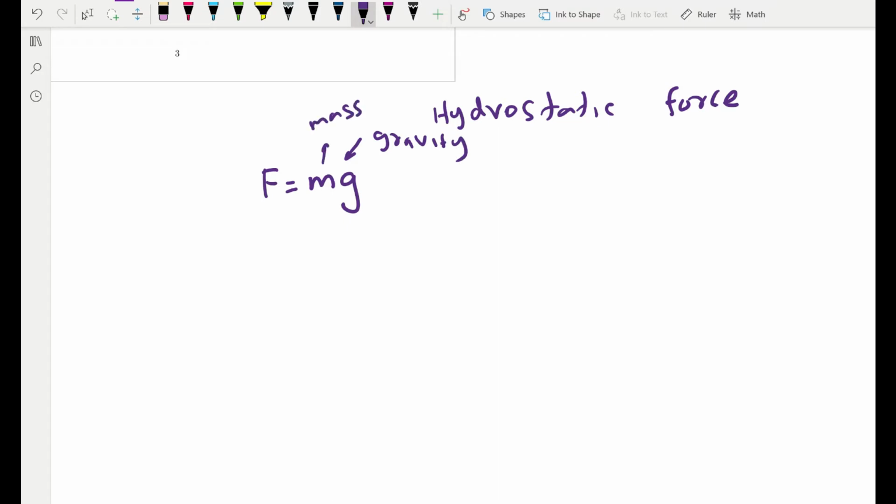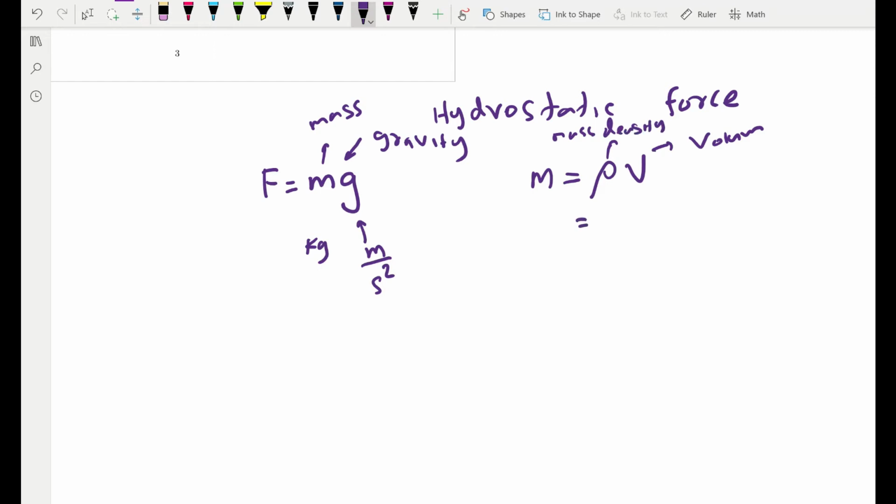We can assume that mass is given in kilograms and gravity is given in meters per second squared. Now we can say mass is actually the mass density times volume. So V is volume and rho here is mass density.